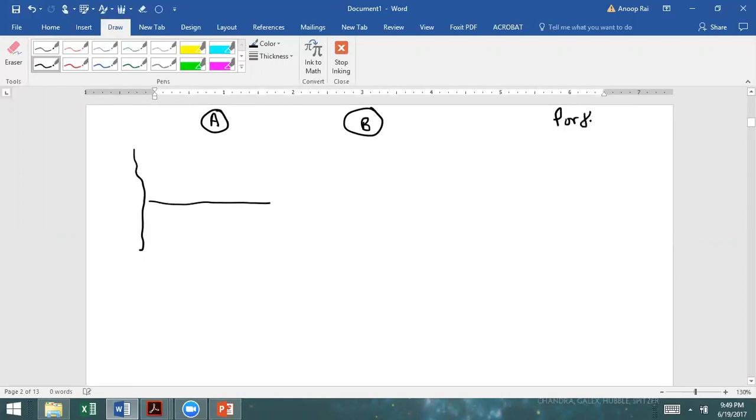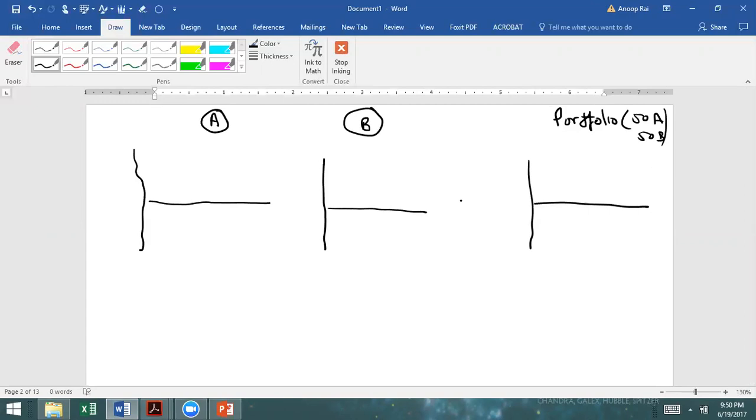So this is a portfolio, 50% A and 50% B. Let's say you decide to own both stocks at a percentage of 50-50.